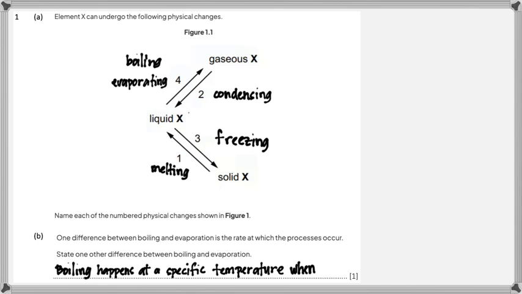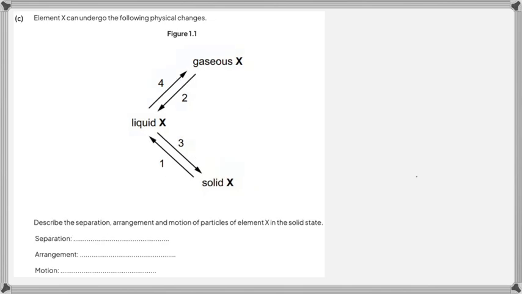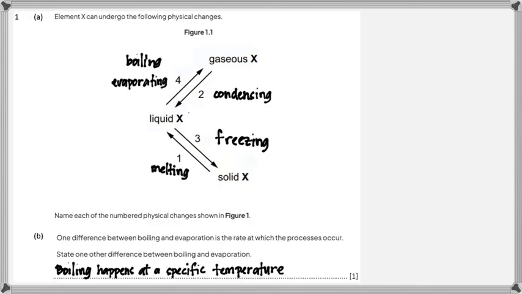So a specific temperature is one answer, and another answer for letter B, we can say also that evaporation happens over a range of temperatures. You can write that down. Also, evaporation can happen on the surface of a liquid only, while boiling happens throughout the liquid. I hope that's clear.